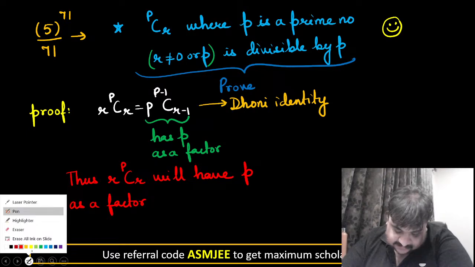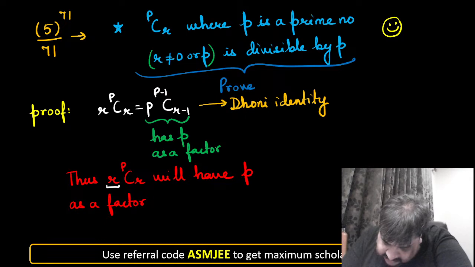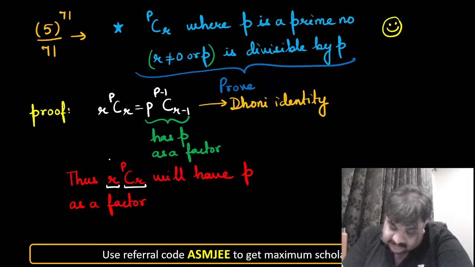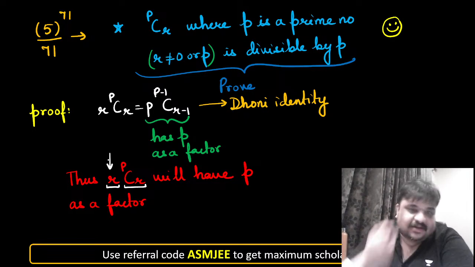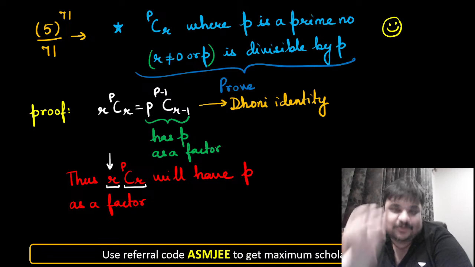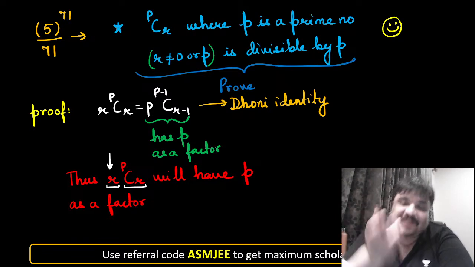But if you are getting P as a factor from this part, there are two parts here. This part can never give P as a factor. R is a smaller number than P. R cannot give P as a factor.